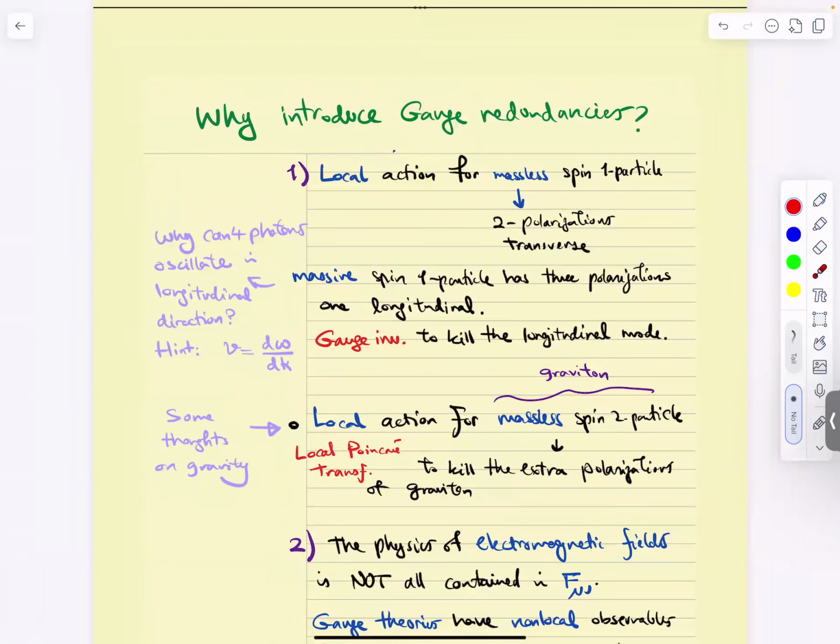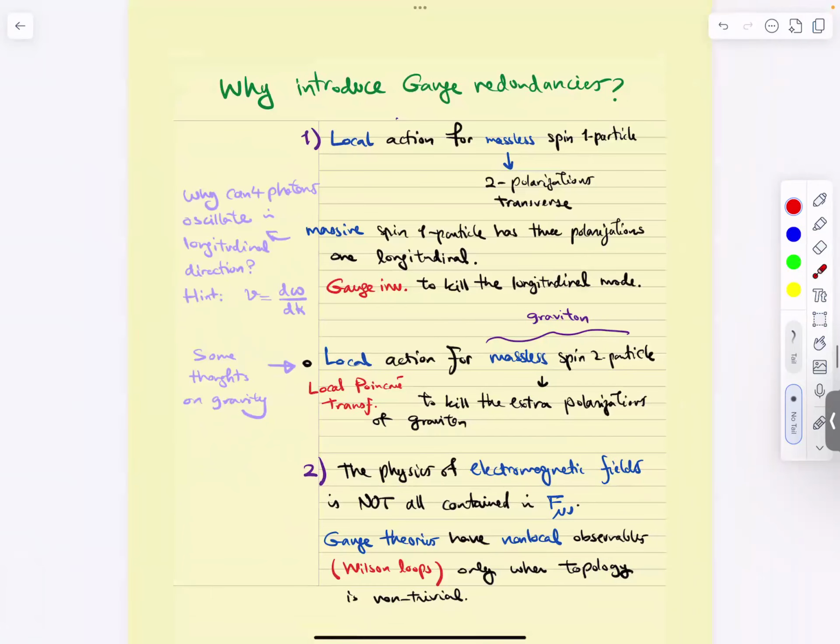Why introduce gauge redundancies? I'm gonna repeat this. I think I had this slide in QFT1. Maybe I didn't. I don't remember. So I'm gonna motivate it. First, we see a massless spin 1 particle in nature called photon. We did representation theory of massless spin 1, and we saw that it has 2 polarizations, right?